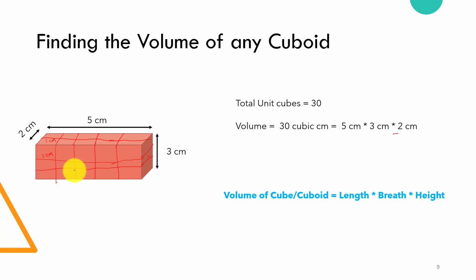Then we just need to count how many unit cubes we can create there, and then we can write the volume. That's for the concept. But in your exams you generally need to concentrate on the length, breadth and height of that particular cuboid or cube, then just multiply them all together.